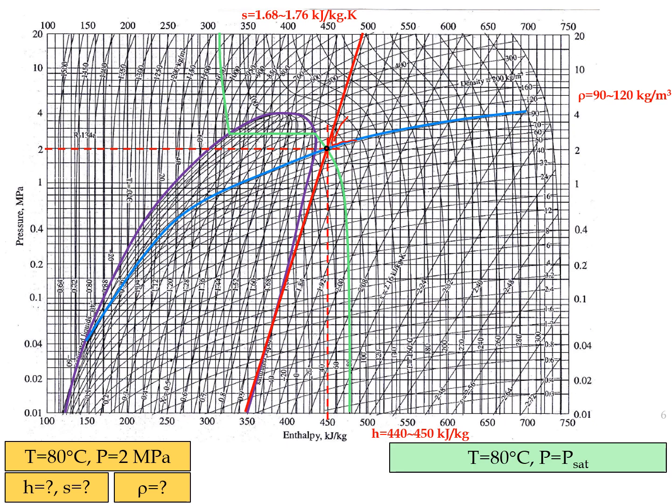Let's say we have another point, where the temperature is equal to 80 degrees Celsius and the pressure is equal to the saturated pressure, which is along the saturated liquid line. In this case, we do not know the exact position of the liquid or vapor mixture.